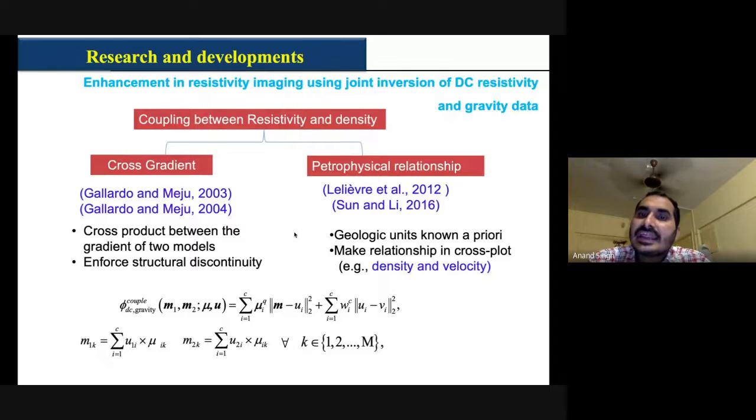The second is petrophysical based. Petrophysical means you have an x-axis and a y-axis. You put density on the x-axis and resistivity on the y-axis, cross plot all the models, and let machine learning decide which parameters and what relation we are going to make. We utilize this particular concept to improve our model.